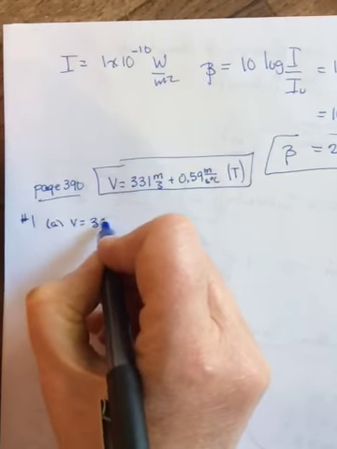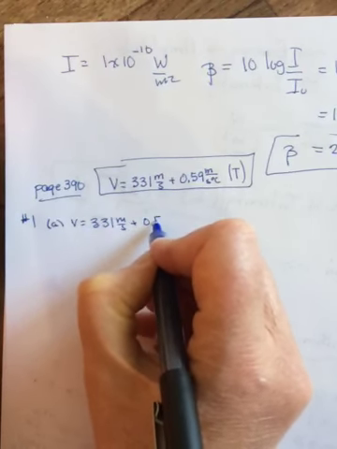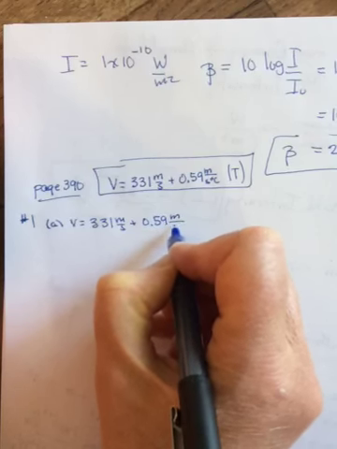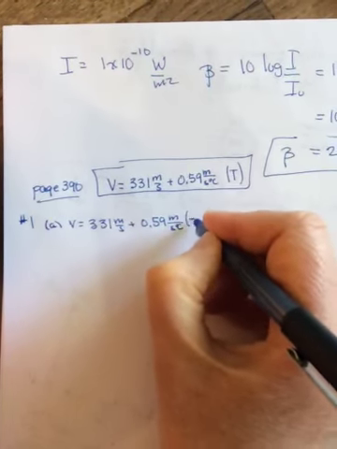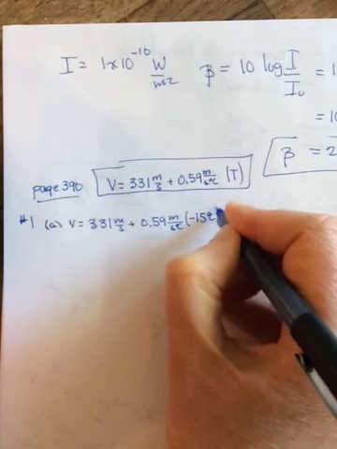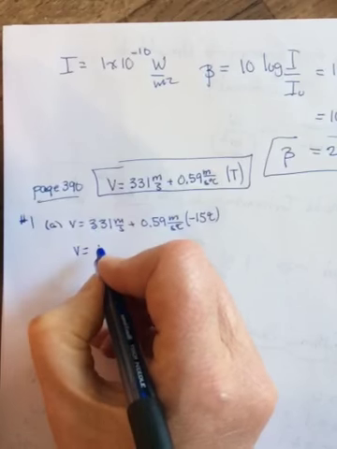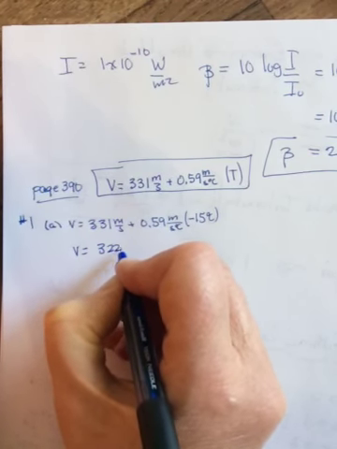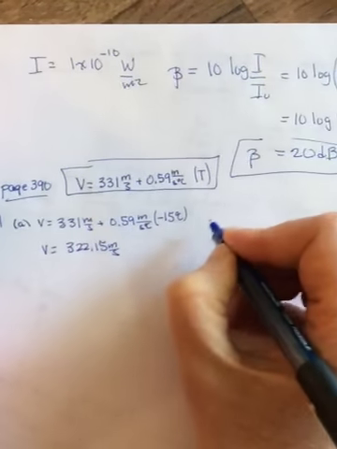So the first one, 331 meters per second plus 0.59 meters per second degrees Celsius, and the first temperature is negative 15 degrees Celsius. Okay, and so when you do this, you get 322.15 meters per second.